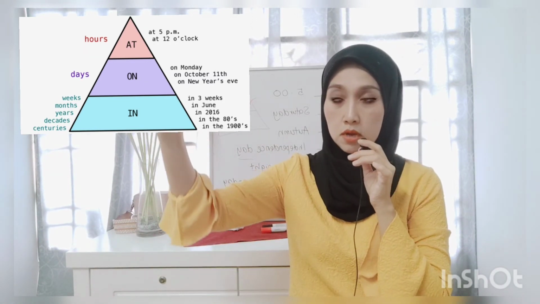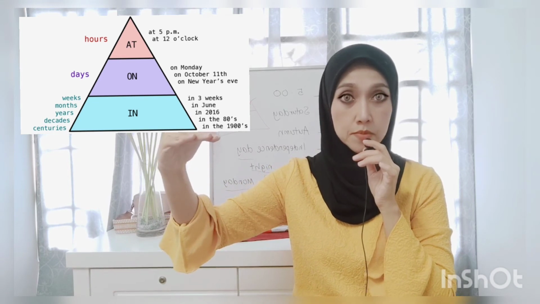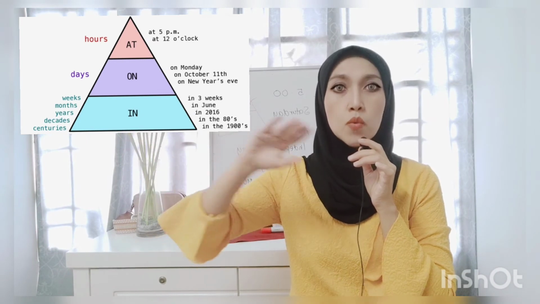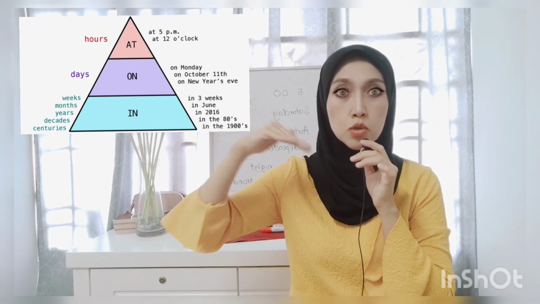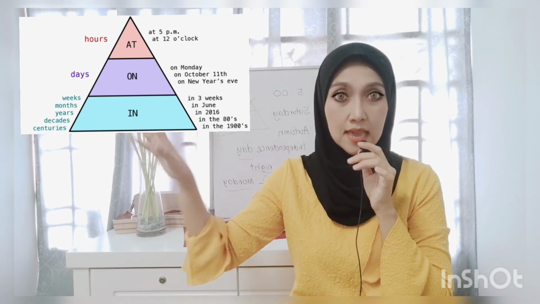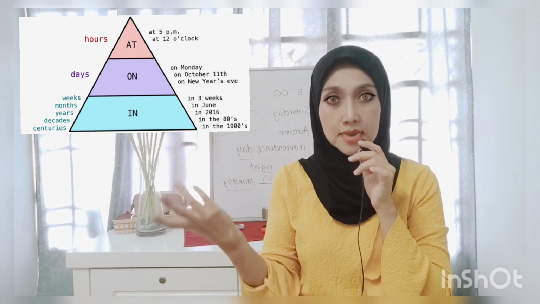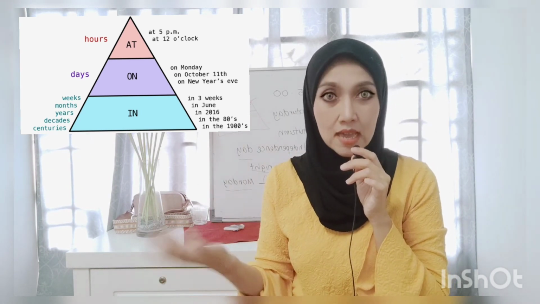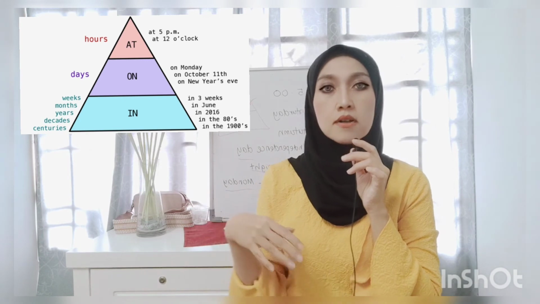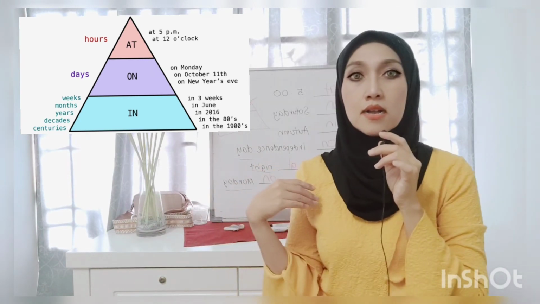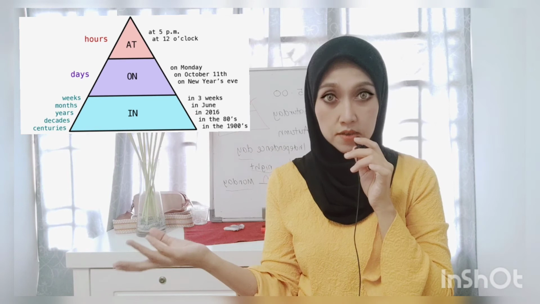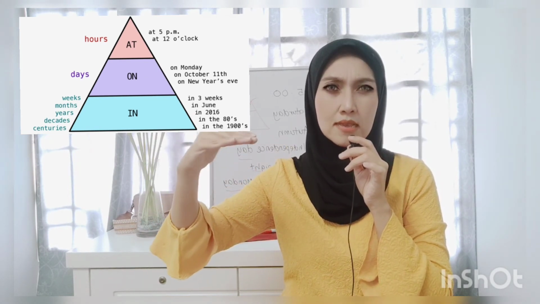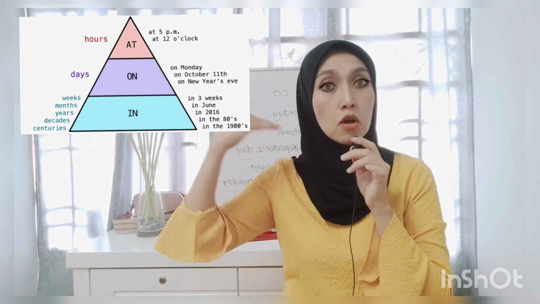The second level of the triangle is on, a little bit wider than at. We use it to cover one day, like Monday, Independence Day, my birthday, or a specific date, June 8th, December 25th. Those are timings that relate to a day, so you can use on.